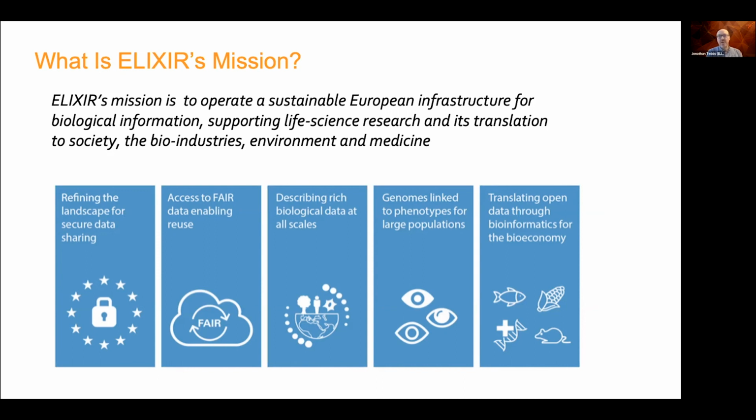So I think one area of distinction from some of the other infrastructures is that our core in ELIXIR is as a member state organization, we coordinate the services, the activities, the resources, cloud computing resources, for example, from across this large number of nodes across Europe. So we don't, as it were, run an infrastructure from the center ourselves.